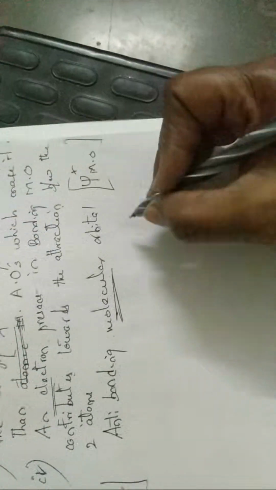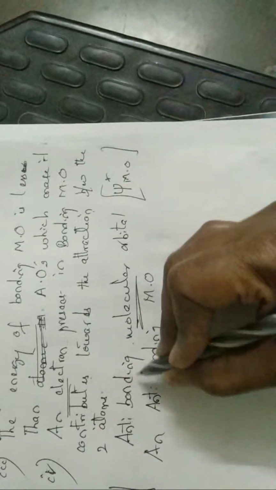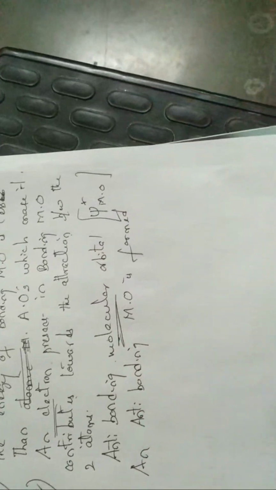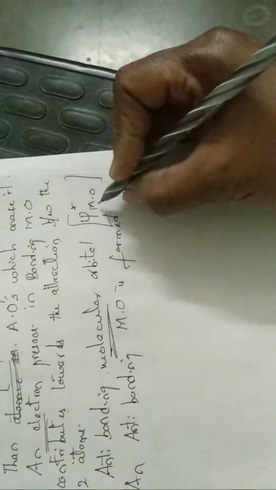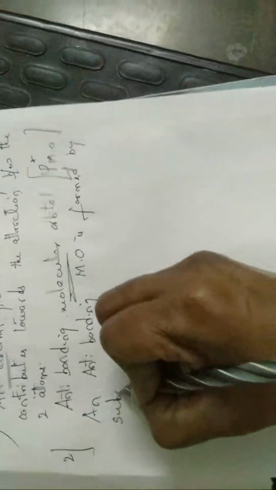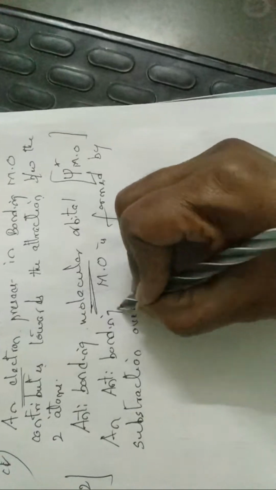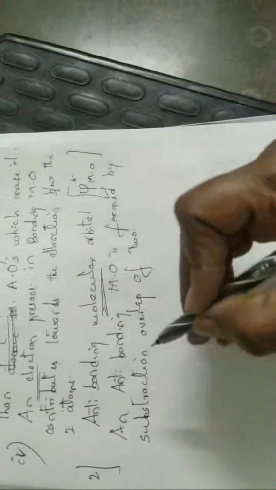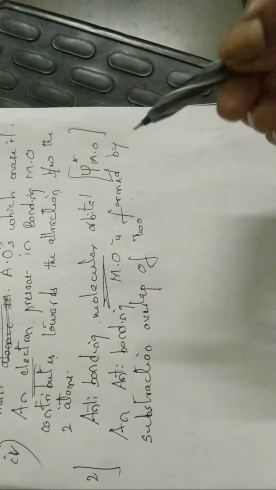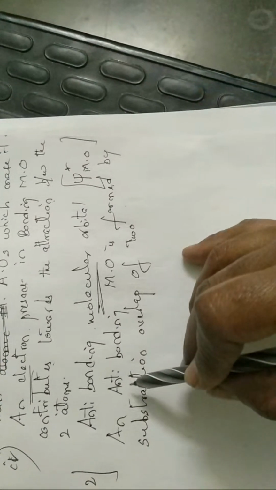It means it is formed by subtraction. This anti-bonding molecular orbital is formed by subtraction overlap of atomic orbitals. When 2 atomic orbitals overlap and subtraction occurs, we call it an anti-bonding molecular orbital.